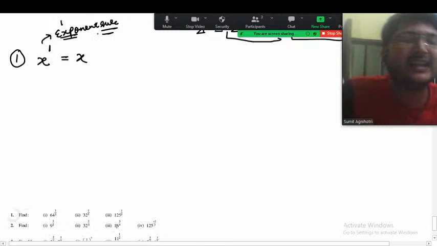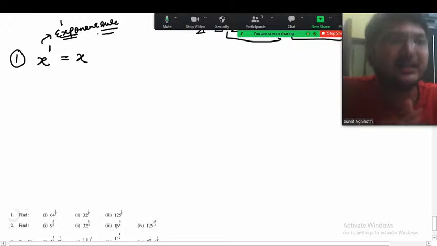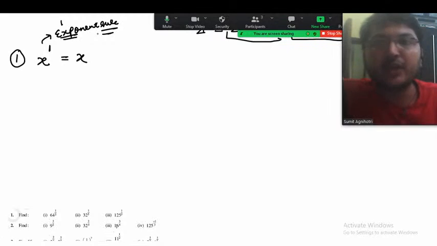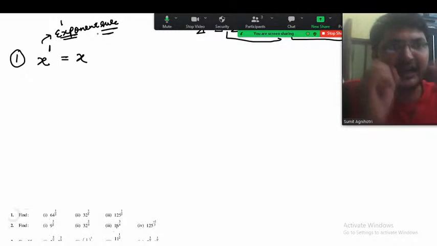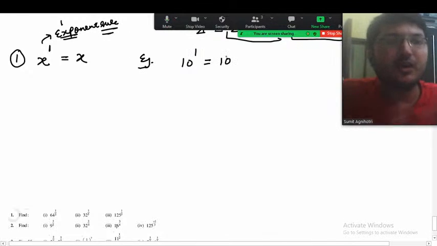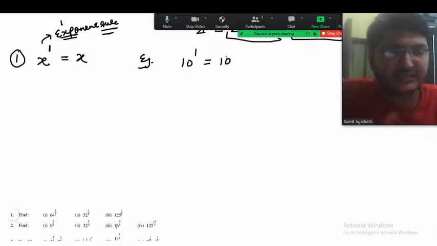If you are considering something raised to the power 1, you will get the value itself. Let's say if I'm considering 10 raised to the power 1, I will get 10 itself. That is why we call it the identity rule or the 1 exponent rule.